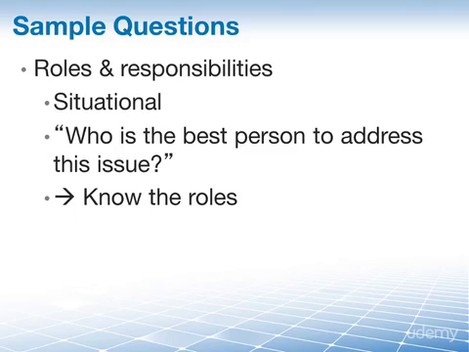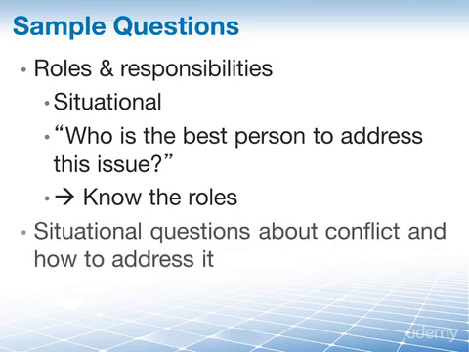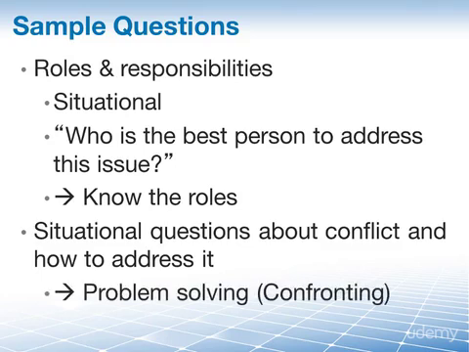And then you'll always find situational questions about conflict, and you have to find the best way to address the conflict. To look just a little bit ahead here, usually the best answer about responding to conflict is problem solving, which we also know as the confronting approach. You are confronting the problem, you are solving the problem.